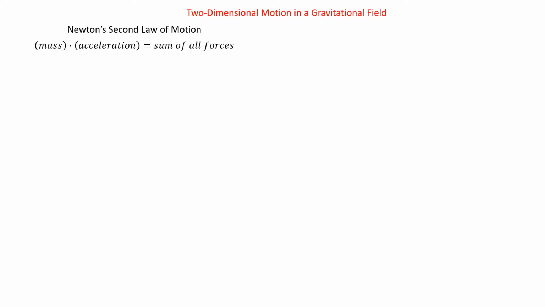And so we have mass times acceleration equals force, and the force, being that it's only gravity, it's going to be vertical. So we have 0 for x, and then the force of gravity is negative mass times gravity. And if you remember, gravity is going to be 9.8 meters per second squared, or 32 feet per second squared.